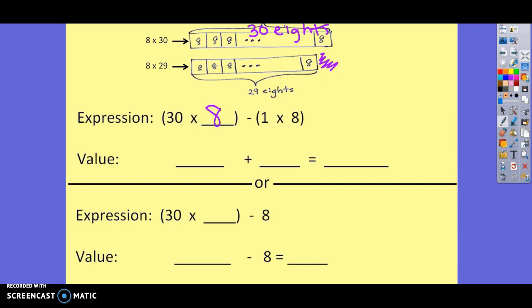And the 1 times 8 is our 8. 30 times 8 we said was 240. Our 1 times 8 gives us 8. 240. I have a plus, it should be a minus there. 240 minus 8 gives us 232.